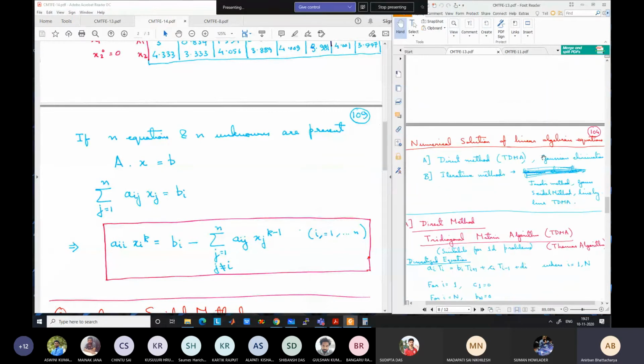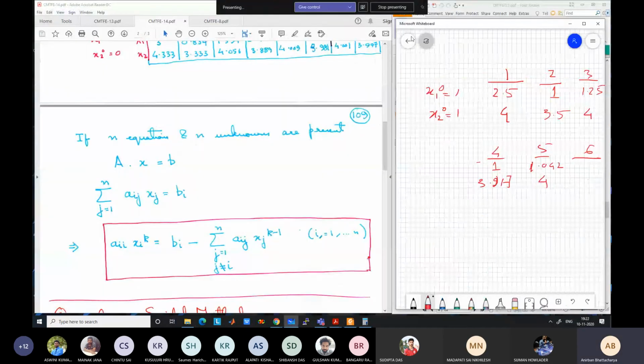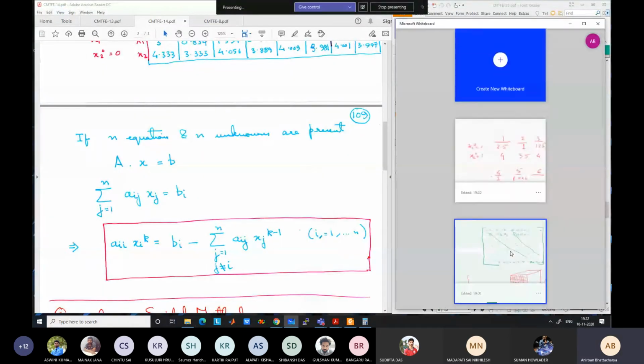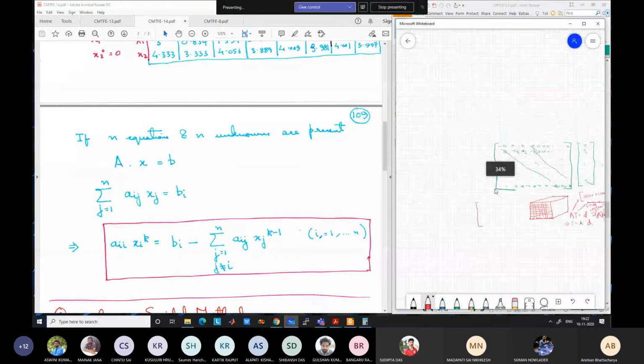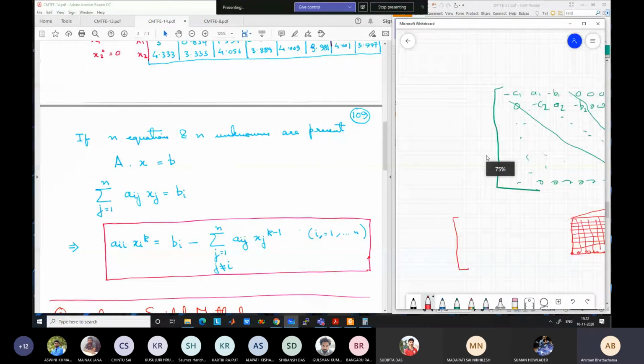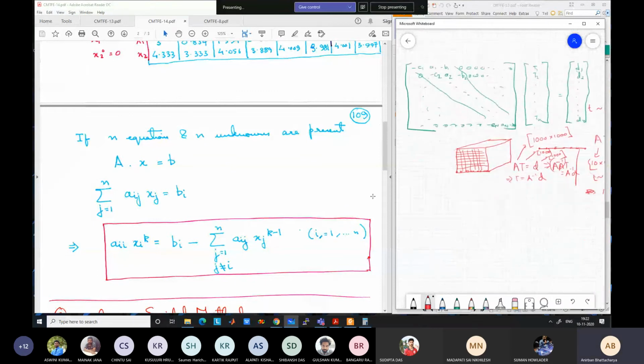Let us open this. Although it looks very small, it will help us in understanding. Aij xj is equal to bi.